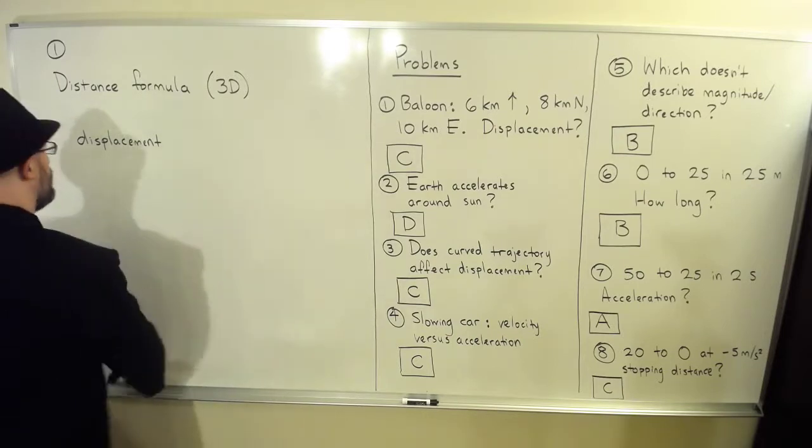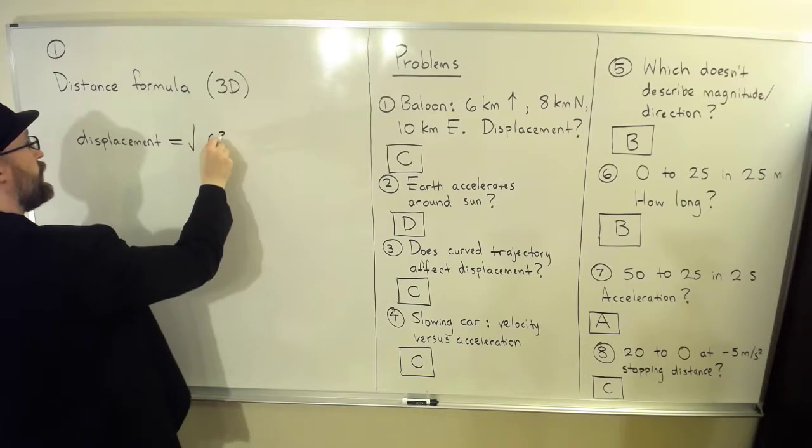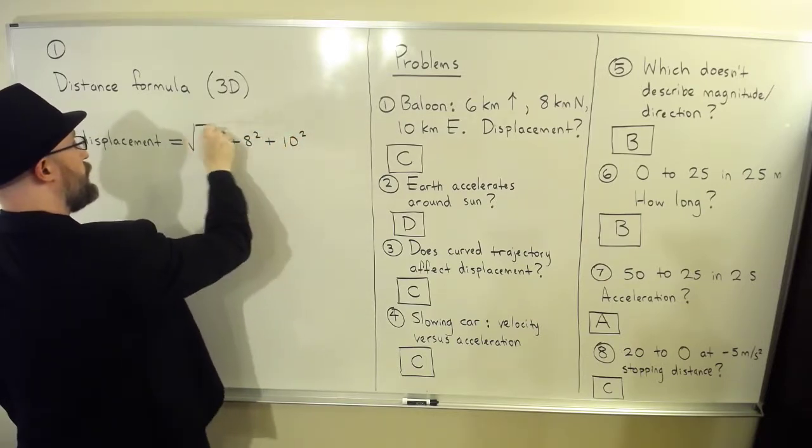So let me write this. This would be the square root of 6 squared plus 8 squared plus 10 squared.